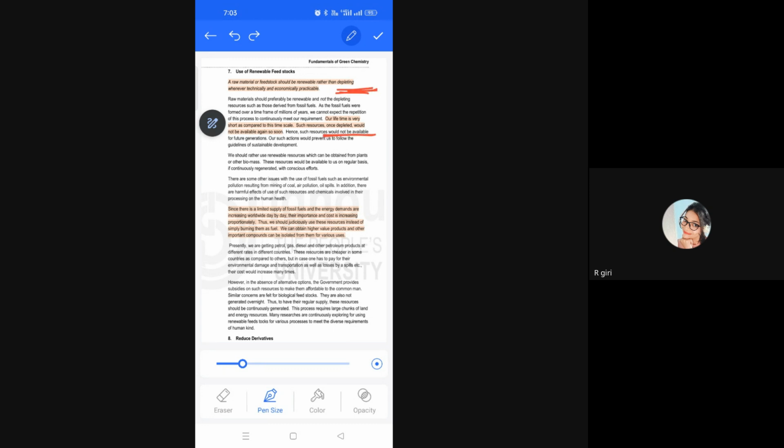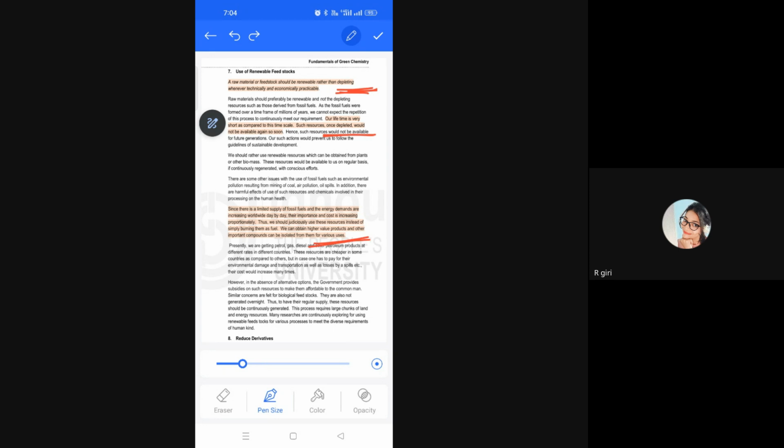Our lifetime is very short as compared to this time scale. Such resources, like coal and petroleum, once depleted would not be available again so soon. That is why it is our duty to save the substances which are very much less on the earth's surface.